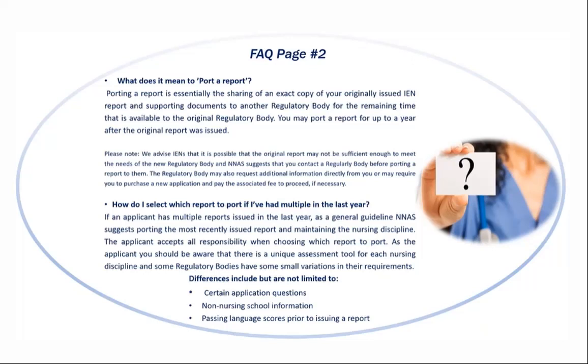You can port an exact copy of that report. Now the report will still say Ontario on it, but it'll be transmitted to the other regulatory body along with all the supporting documents. You can only port reports between the same nursing group. So you can't port an RN report to an LPN jurisdiction. You can only port an RN report to another RN jurisdiction.